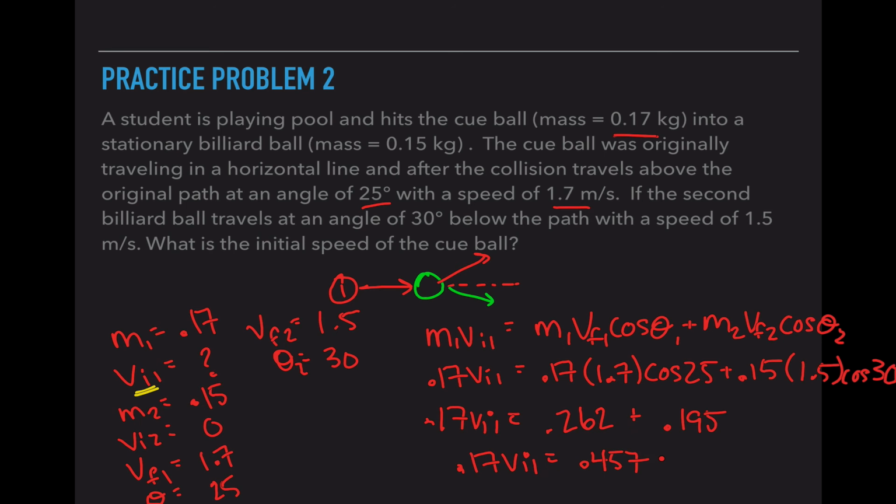Now, in order to get vi1 by itself, I need to divide out that 0.17, and vi1 is 2.69 meters per second. So in order for those two billiard balls to bounce off at the angles and the speeds that they did, the cue ball had to initially be traveling 2.69 meters per second.